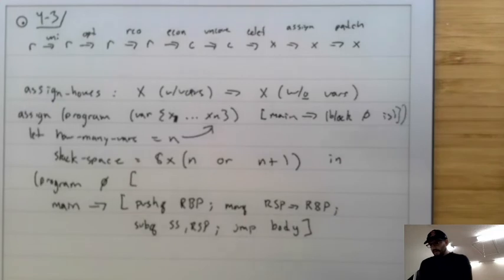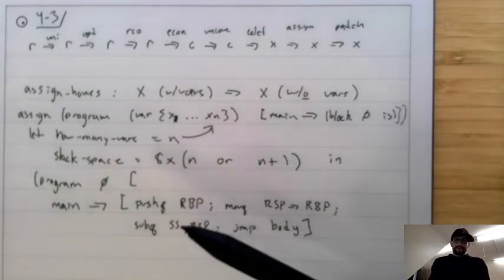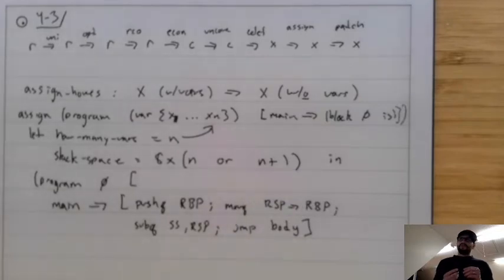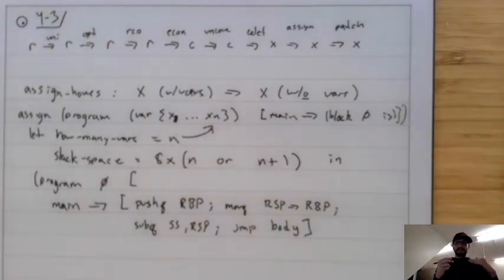Okay, so what's going on here? When you make a function call, there are two values that are relevant. There's the stack pointer, which is the current place of the stack, and then there's what's called the stack base pointer. Basically, the base pointer is the previous place where the stack was on the previous stack frame. So all of the local variables are relative to the base pointer, not relative to the stack, because the stack keeps going down.